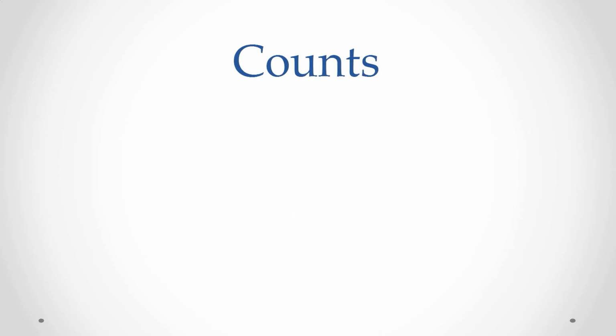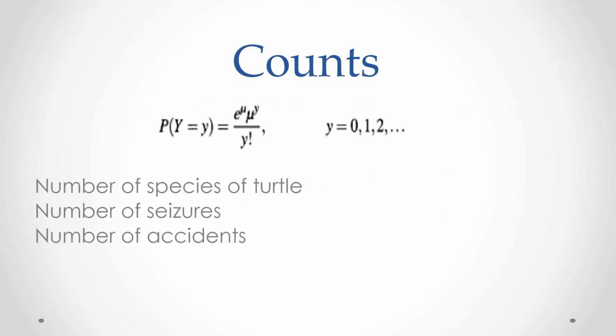Let us look at some examples of counts. On the first line on the slide, you see the very popular Poisson distribution, which is usually used to model counts of some kind of event happening over time or over space. So there are three examples of counts. It could be the number of species of turtle.